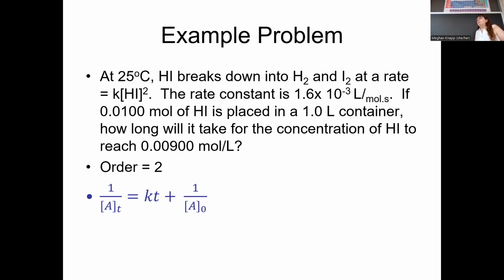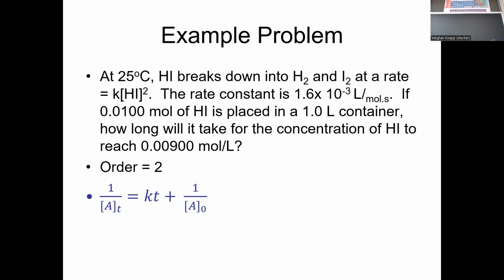So this is on the second paper. At 25 degrees Celsius, HI breaks down into H2 and I2 at a rate of K times HI squared. Now, what order are we talking about here? Second order. So now we're not using natural logs.